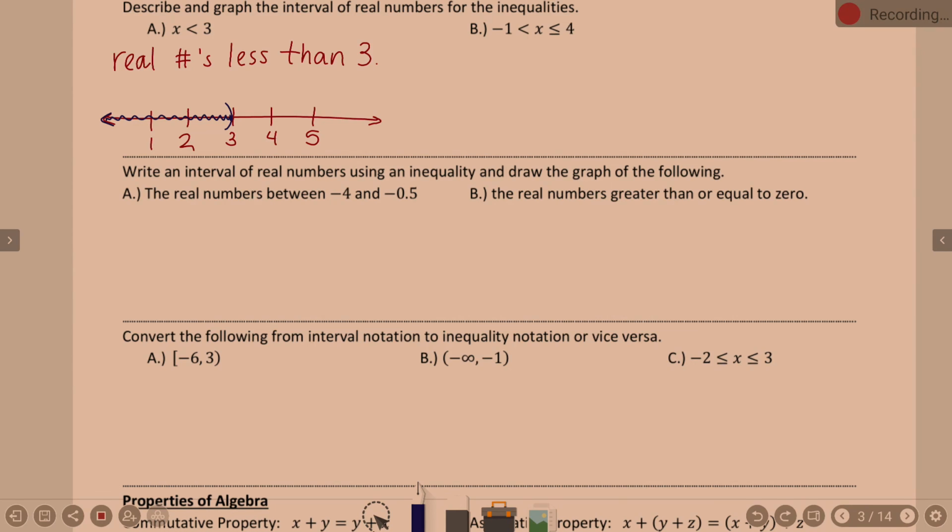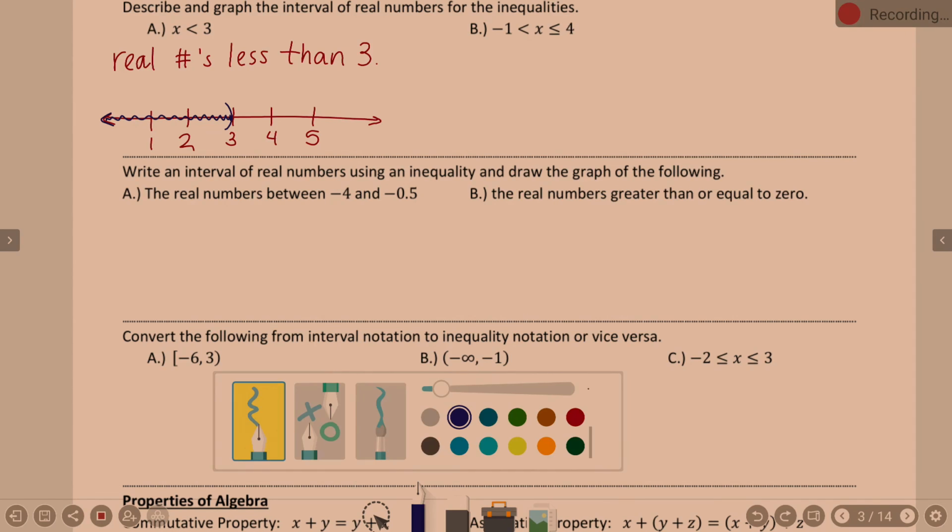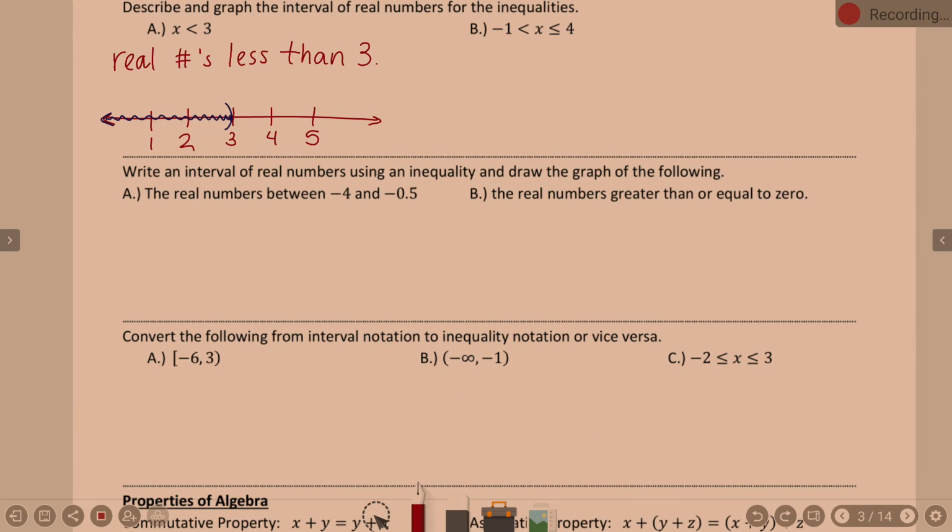Okay, let's try B. What does this represent if we put it in words? Numbers that are greater than -1, but less than or equal to 4. What does that mean they're going to be on the number line?